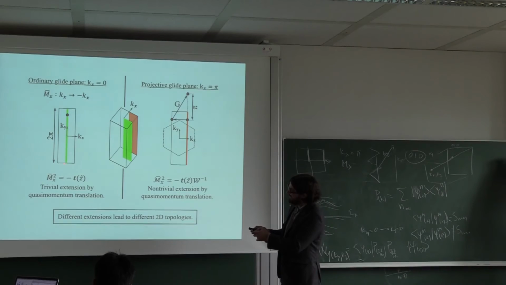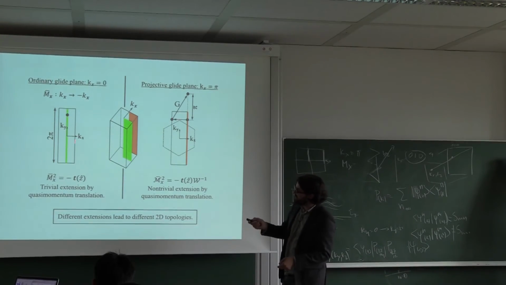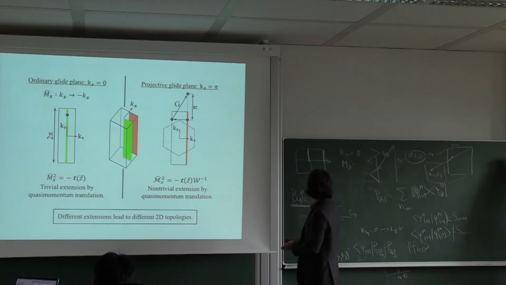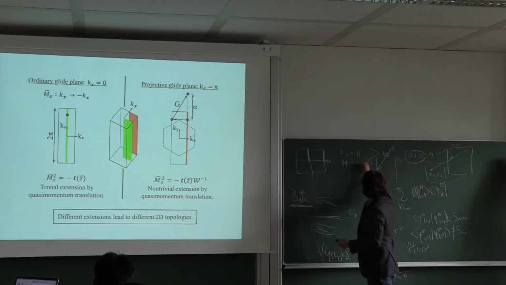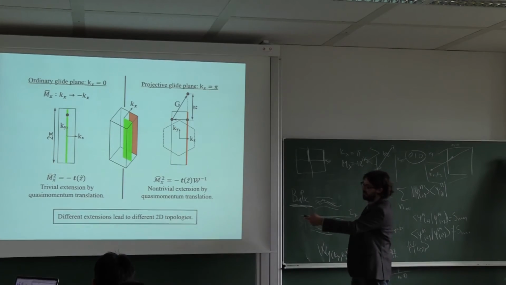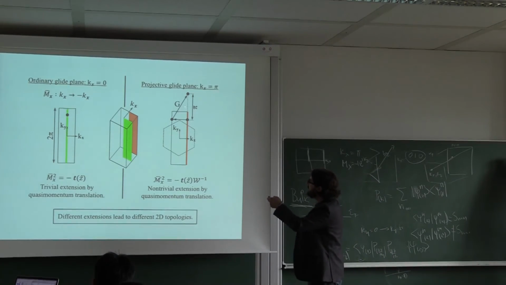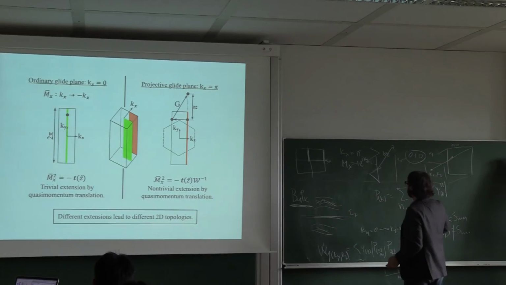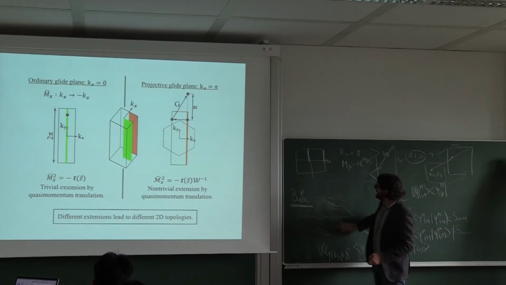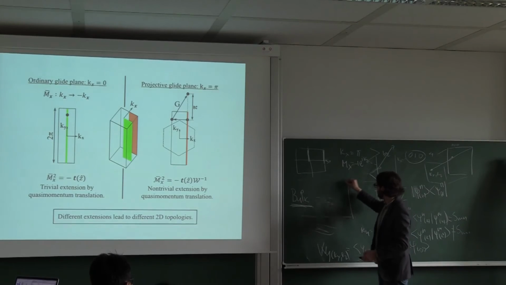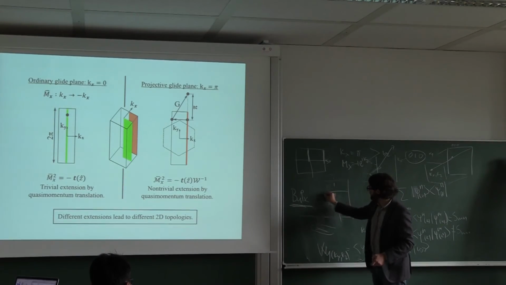So if I look at the kx equals 0 plane and perform a mirror symmetry, nothing happens to the Wilson loop. So the mirror symmetry still squares to minus a unit translation, which is just e to the i kz if I represent it in momentum space. However, if I take the kx equals pi plane, I make a mirror transformation to kx equals minus pi.